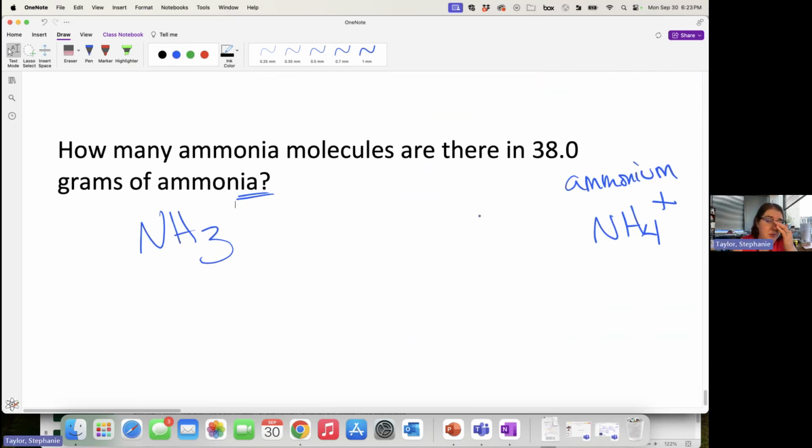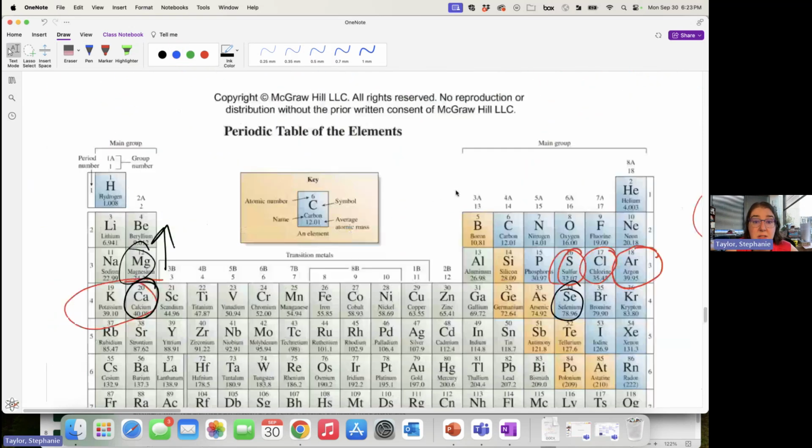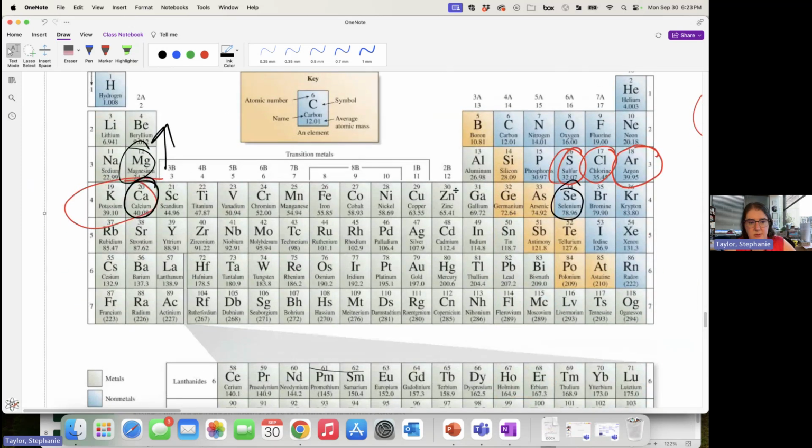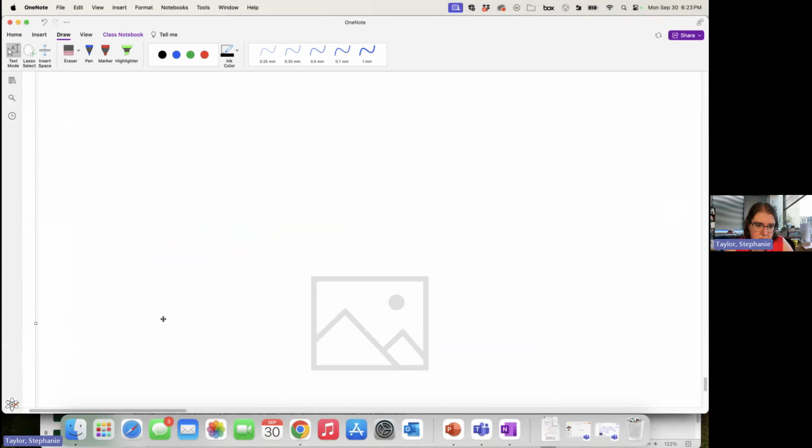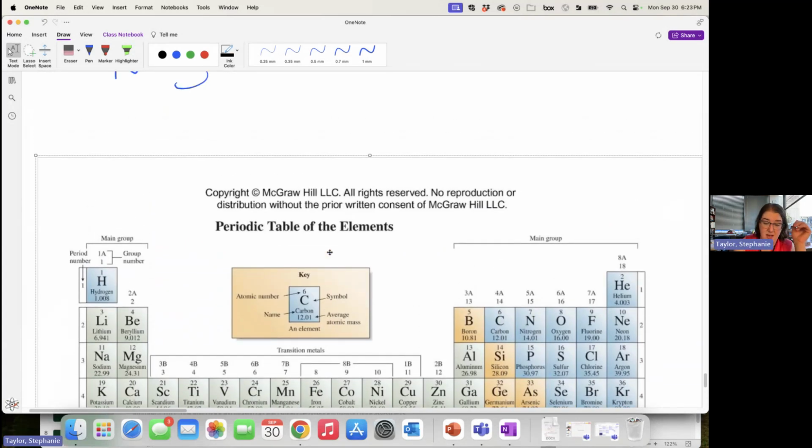How many ammonia molecules are there in 38 grams of ammonia? I need a periodic table, because we're finally going to do some math. A reminder, I will do a follow-up video with some more examples.